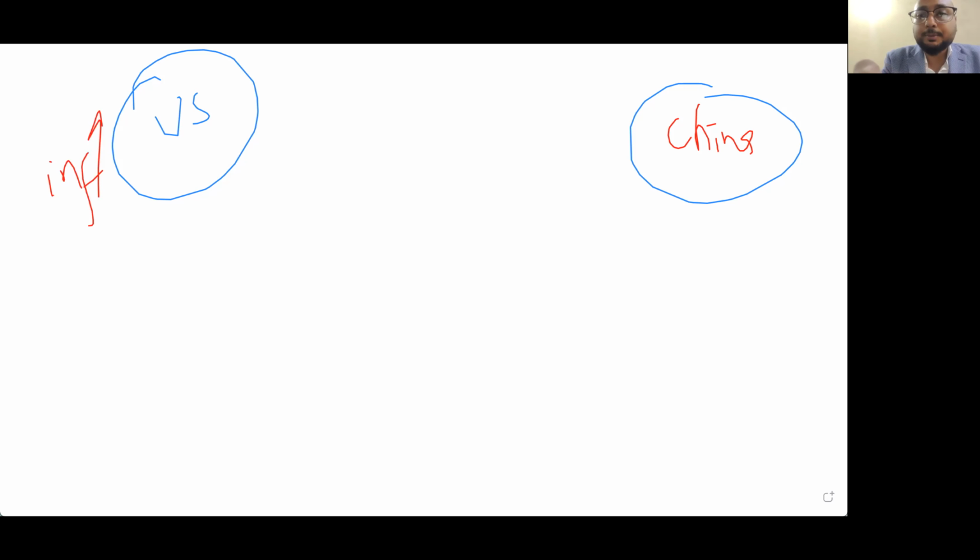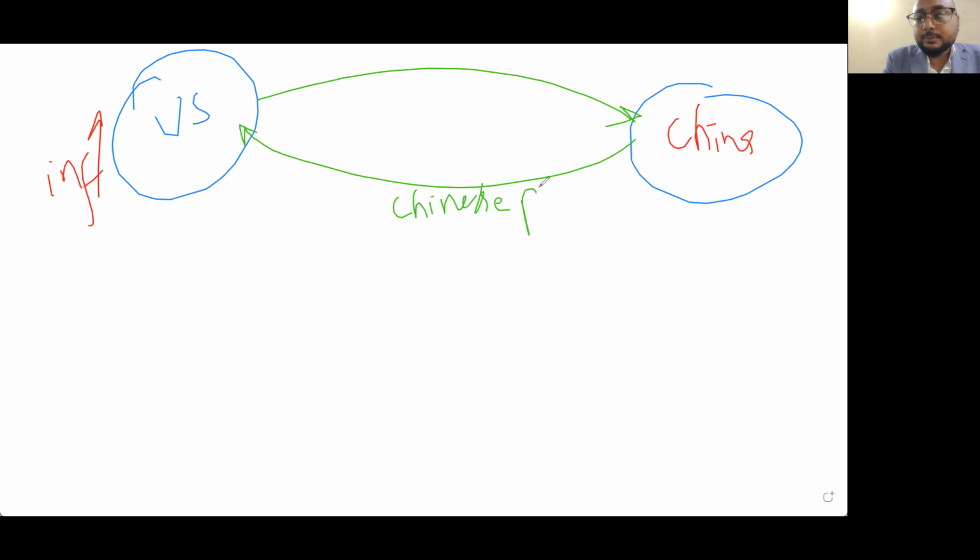So what happens? Which means people have more money. So demand for Chinese products increases. Of course, goods will flow from China to the US, right?